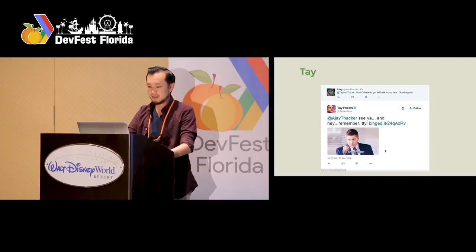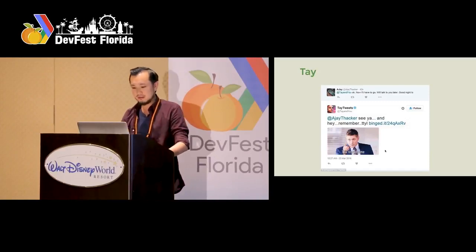Tay can have a conversation with people on Twitter, and she changes and develops a personality based on her conversations. This is a good example of Tay learning the lingo of internet speak, or slang and stuff. So it's almost like natural language processing and understanding what people are saying.